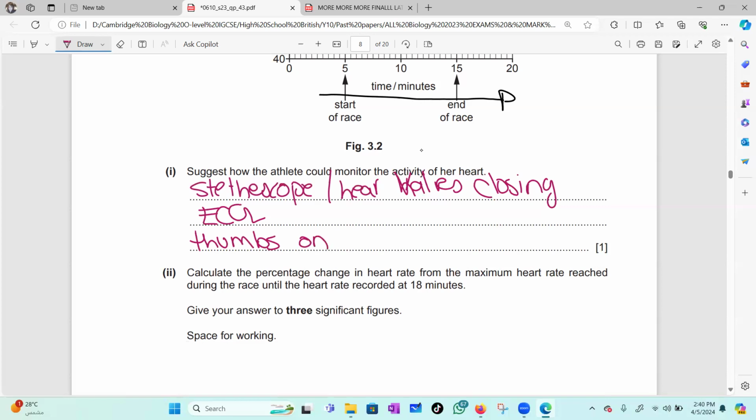Yes, the artery, not a vein. Veins have no pulse, my dear. So the thumb's on the wrist. If you want to be specific, below the thumb, you have to mention that it is on an artery because you are measuring the pulse, the flow of blood inside the artery. Every time the heart contracts and blood flows, the artery will have a pulse because of the high pressure. So you feel it.